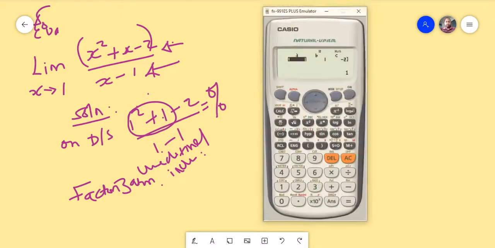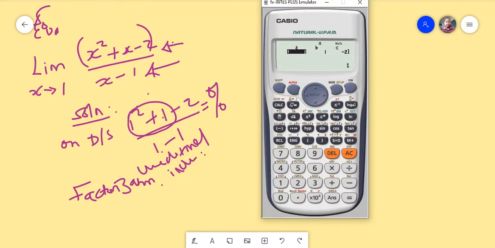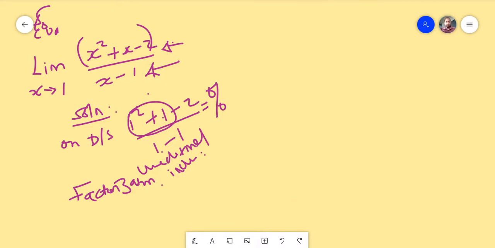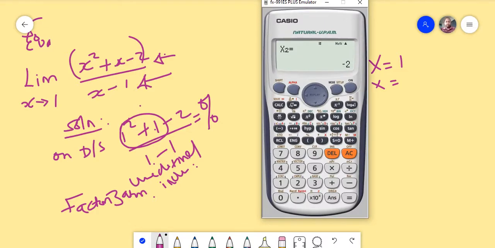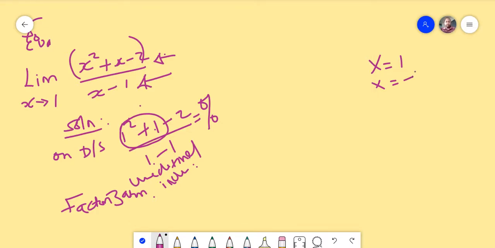I'll go to the equation mode, take the first order coefficients, which are 1, 1 and minus 2. So I get x is equal to 1 or x is equal to minus 2.